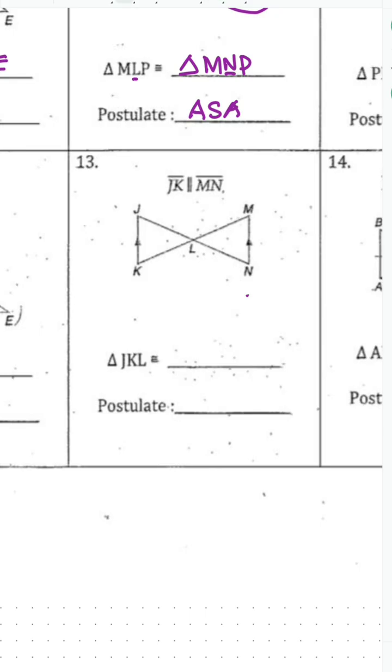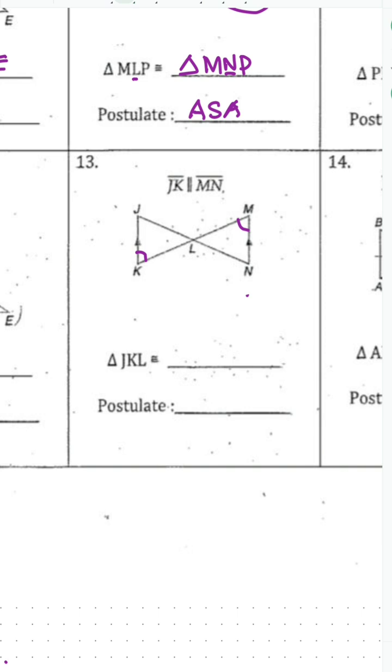Where's triangle JKL? JKL is congruent to, it should be congruent to NML. But we're only given one information here.